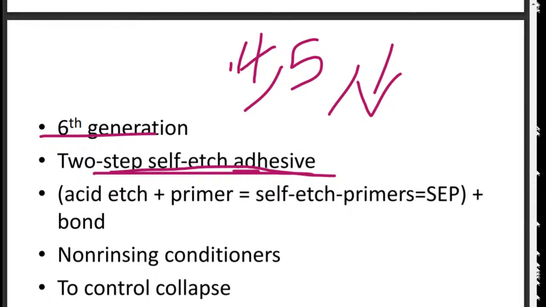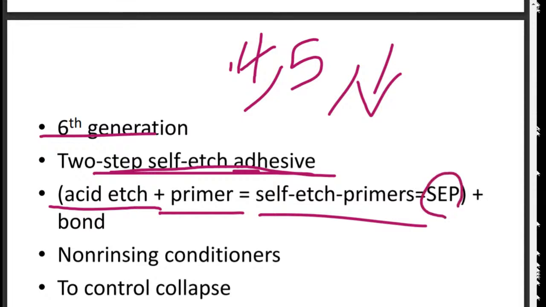What are these two steps? The first is acid etch primer, self-etch primer, then bonding. So the first is acid etch plus primer, which equals self-etch primer, plus bond, of course.